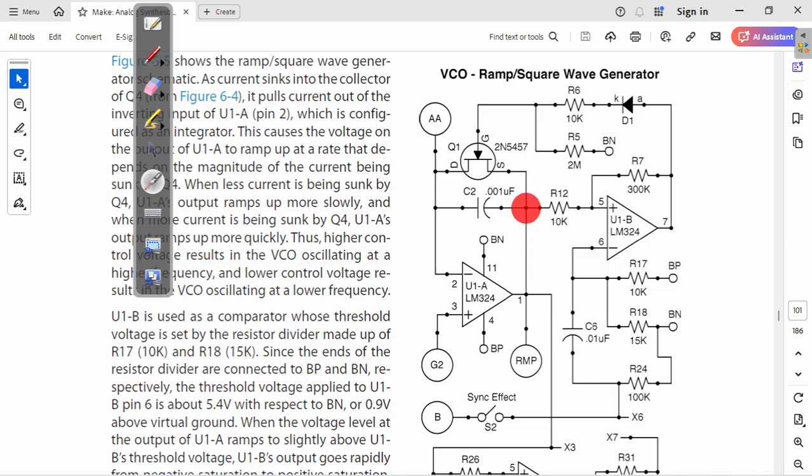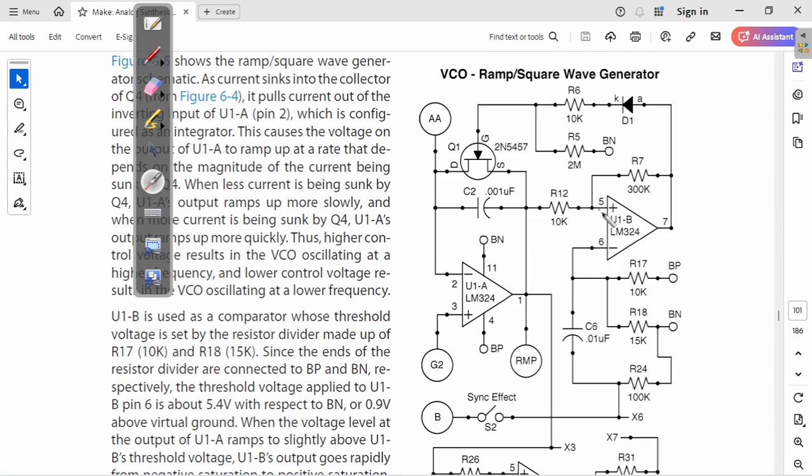So remember that here we have that ramp. So the voltage goes up from this value, 4.5 volts. At some point it's going to go above 5.4 volts, which again, is the threshold.